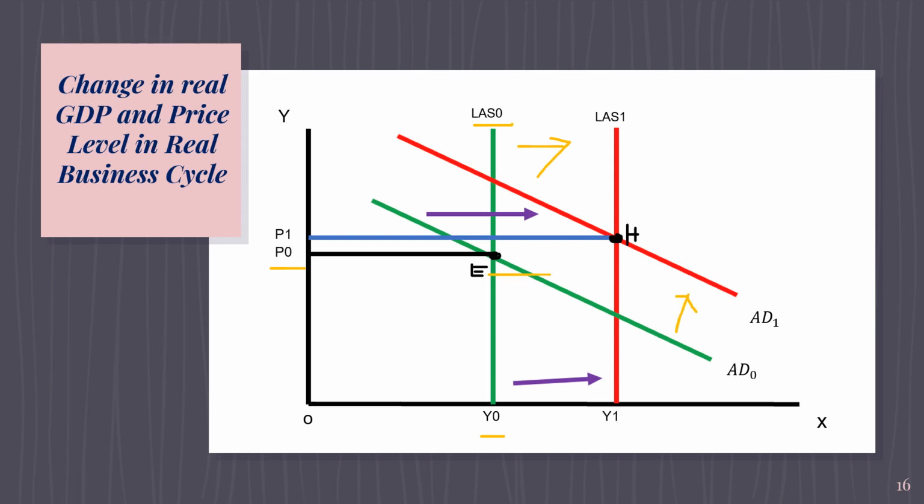Likewise, the aggregate demand curve will also shift to the right, thereby establishing a new equilibrium at point H. Potential GDP therefore increases to Y1, and the price level also increases to P1. This means that there is an economic expansion taking place in the economy.